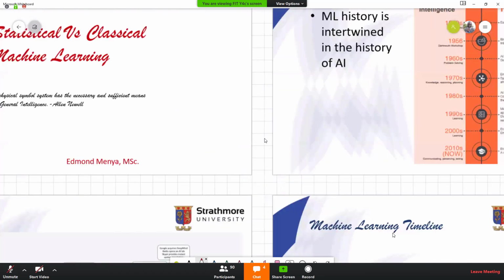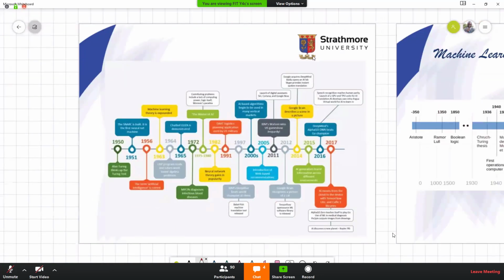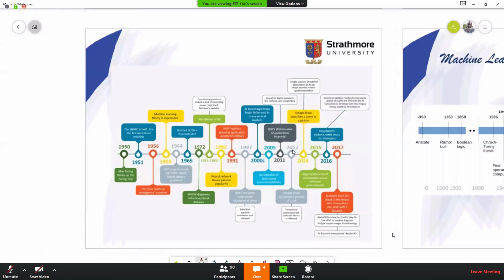So very fast, please open these ones in your machines. Right here, you can see just a timeline, which is actually very important, but almost similar to what we have looked at. You can look at the major things that took place from the 50s to 2017.